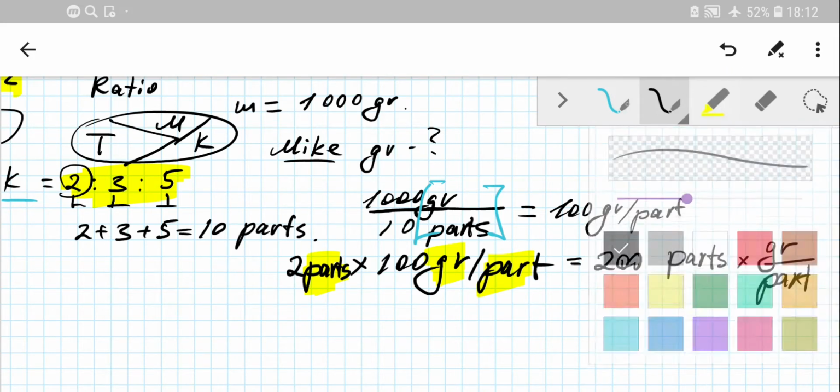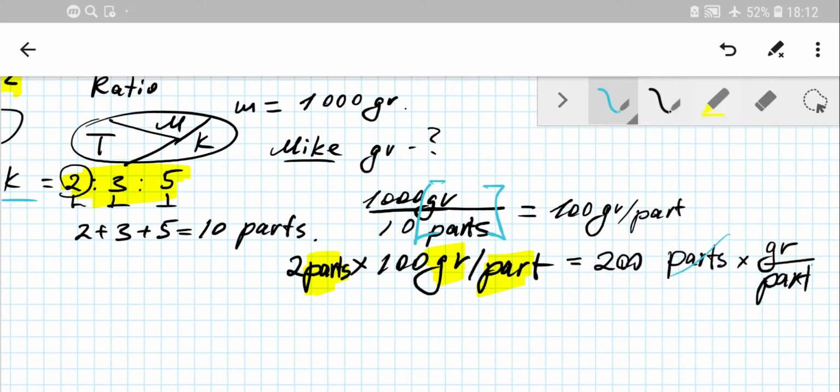So what's happening here is that parts are completely cancelled because they are the same on the top and the bottom of the fraction. You're left with grams, and this is correct. So you can always check your ratio using the units approach.